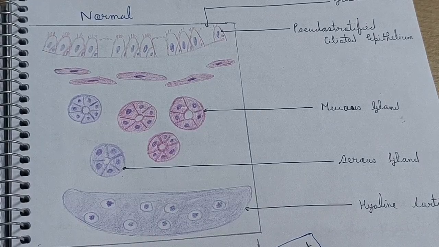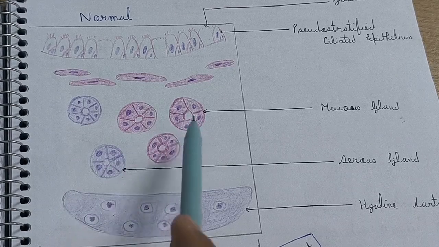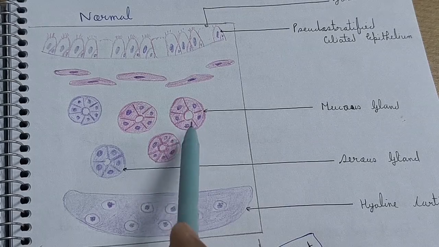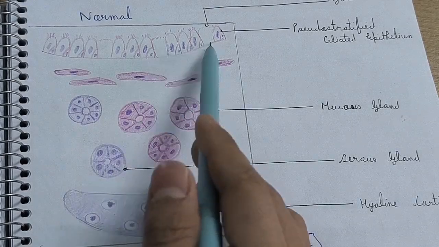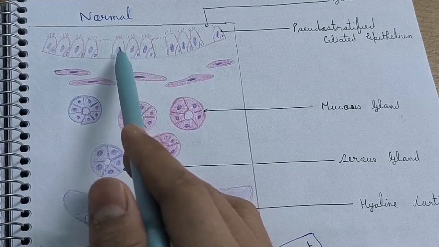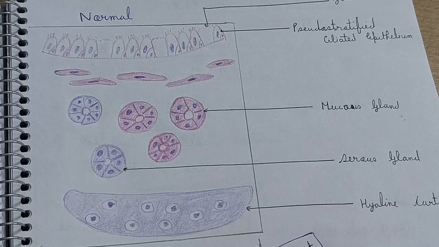So this is the normal histophysiological structure of bronchi and trachea, and you can notice that in this normal structure the number of mucous glands is not very high, and the number of goblet cells is also not very high. So this is a normal structure of trachea and bronchi.